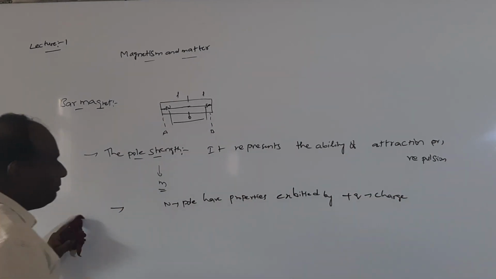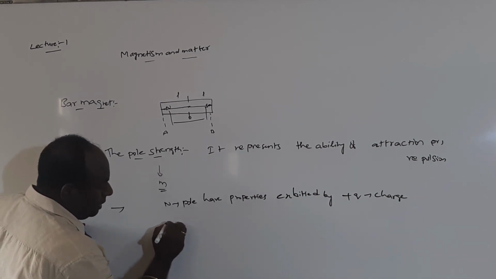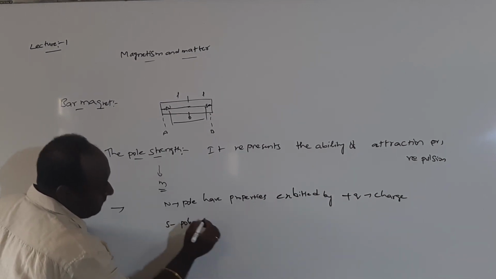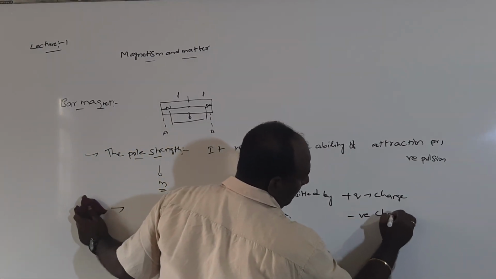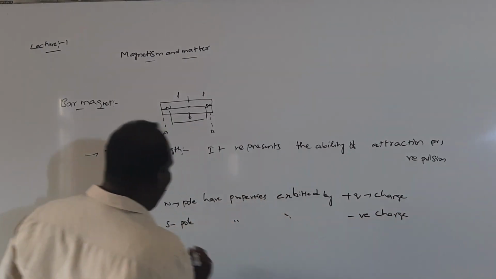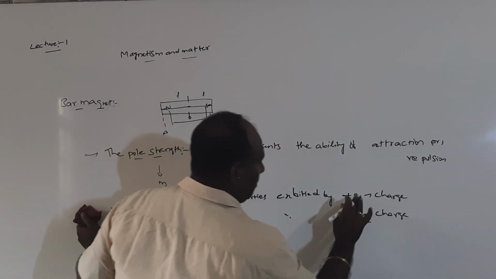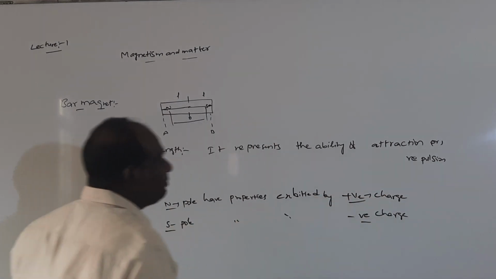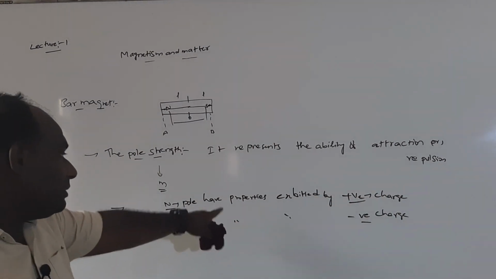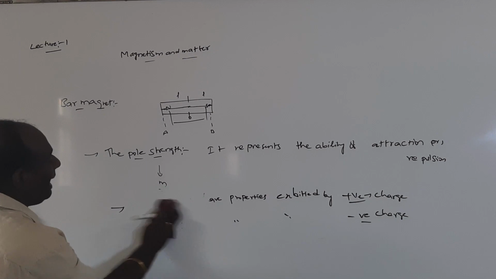The south pole has the properties exhibited by a negative charge. South pole acts as negative, north pole acts as positive. So I can write this is positive, you can understand clearly. So here I can treat this bar magnet as a magnetic dipole.